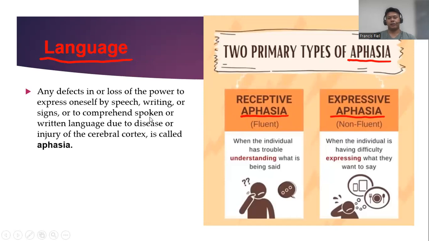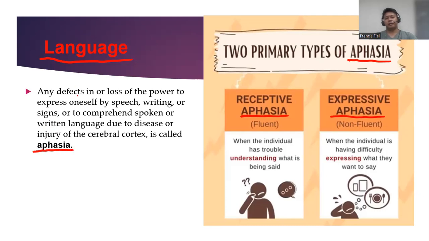So what is aphasia, sir? Ano pala yung aphasia? So, any defect in or loss of power to express oneself by speech, writing, or signs, or to comprehend spoken words, written language due to disease or injury of the cerebral cortex is called aphasia. Diba? So, ulitin natin, no?